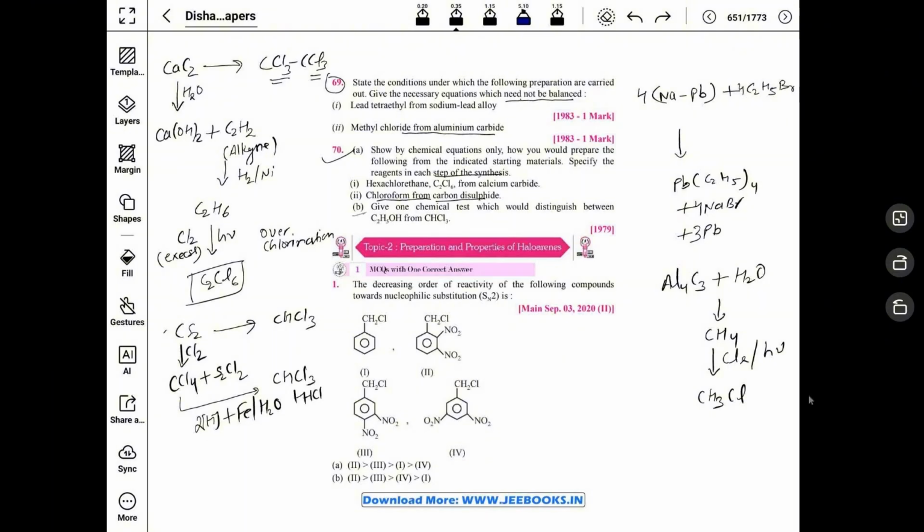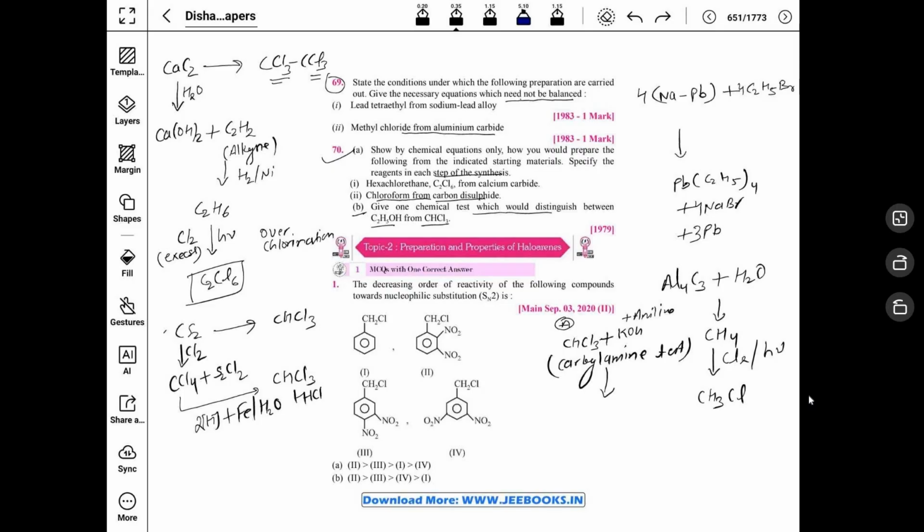Now next is give one chemical test which will distinguish between ethanol and chloroform. Okay, so we don't know which one is ethanol and which one is chloroform. If you remember, chloroform is used in the carbylamine reaction. So let's say we take compound A and react it with KOH plus aniline.